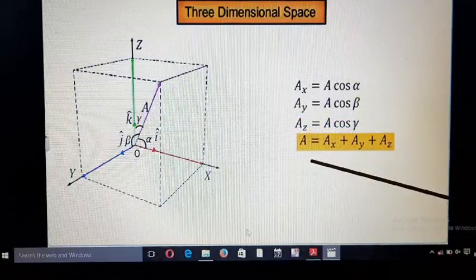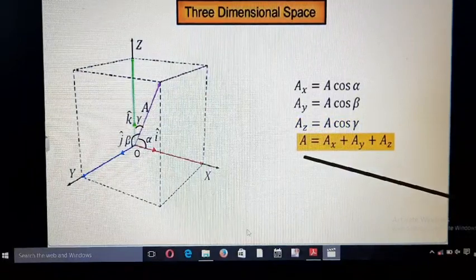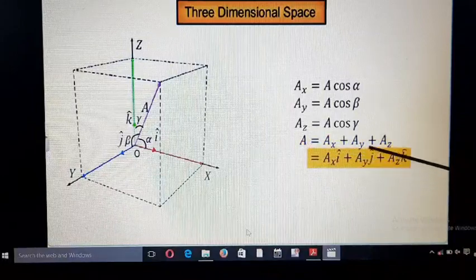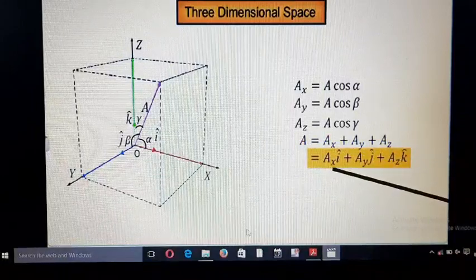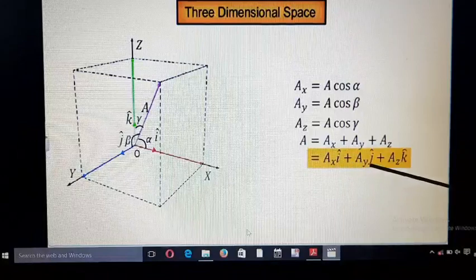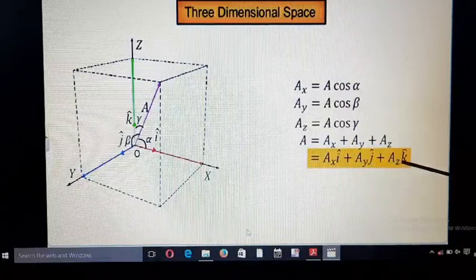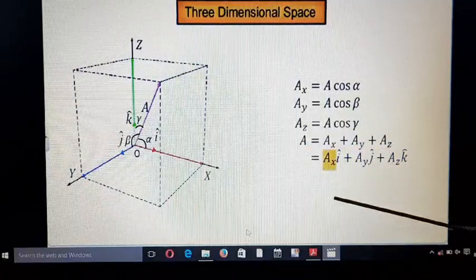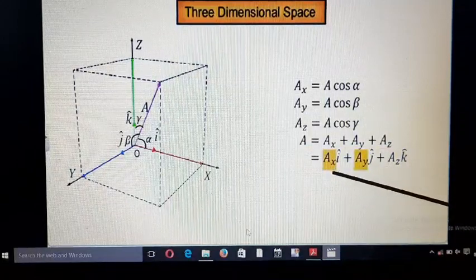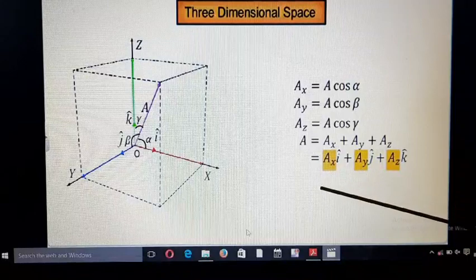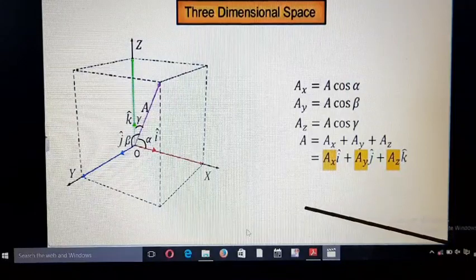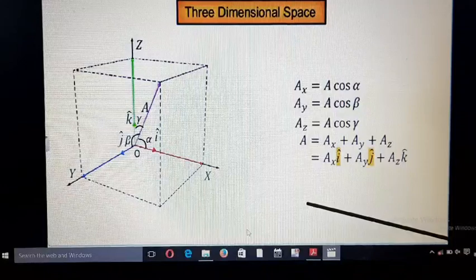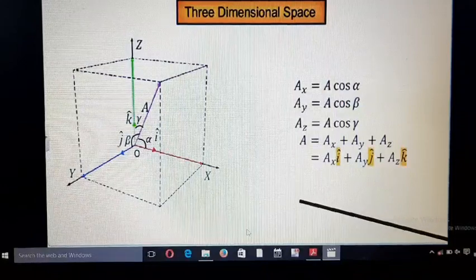Friends, now we want to find out the magnitude of vector A. So we can write down A is equal to Ax plus Ay plus Az, meaning Ax i caret plus Ay j caret plus Az k caret. Okay. Here Ax, Ay and Az are the components along the x, y, z axes respectively, and i, j and k are unit vectors.